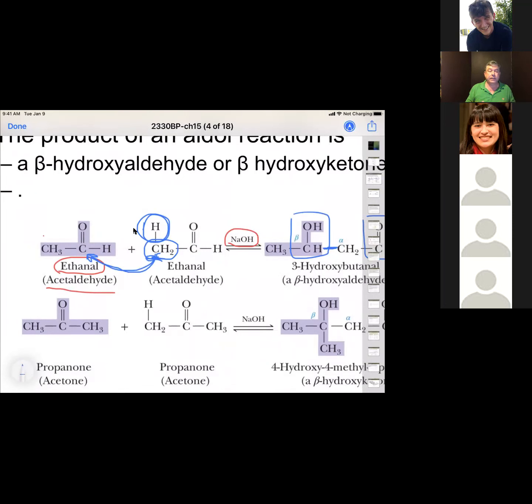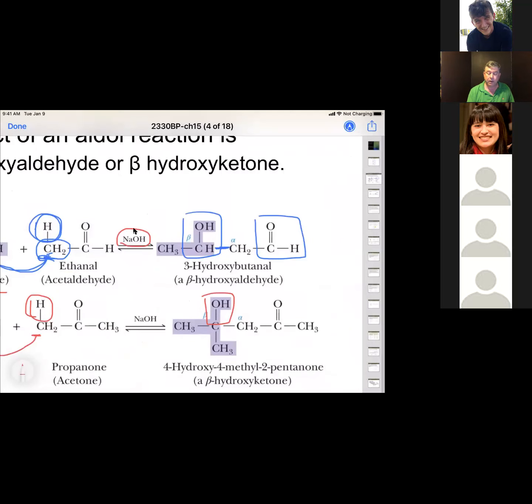So that's if we have an aldehyde. It does the same thing if we have a ketone, because we can again remove this alpha hydrogen, which generates our enolate here, which then attacks as a nucleophile to the carbonyl, and this turns into an alcohol. So we end up with our alcohol, and our original ketone is still there.